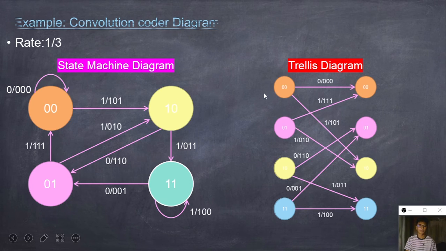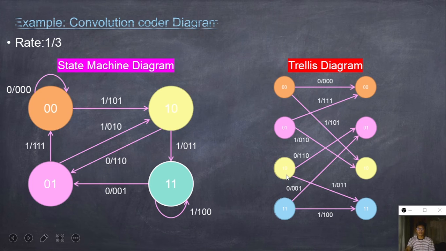So for 0 1, it goes to 0 0, which is shown here on the state machine diagram also, with an input of 0 and an output of 1 1 1. For 0 1, it goes to 1 0 with an input of 1 and an output of 0 1 0.